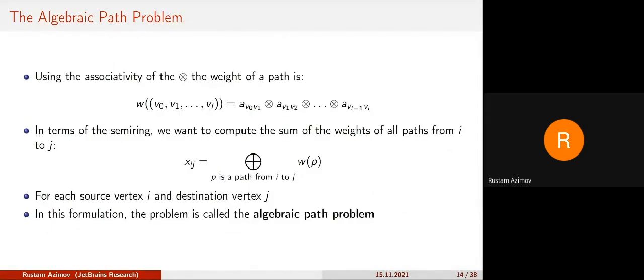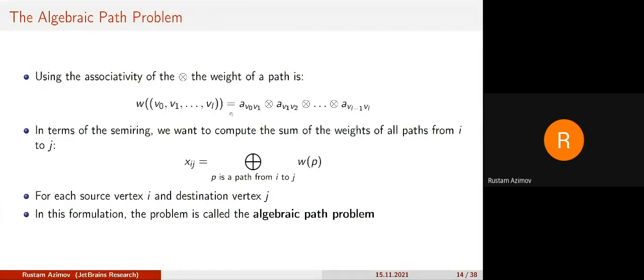And now we can look at how the algebraic path problem in general looks. If, for example, we have associativity of the multiplication operation, then we just want to compute the weights of paths in the graph, which are just the product of weights of its arcs.